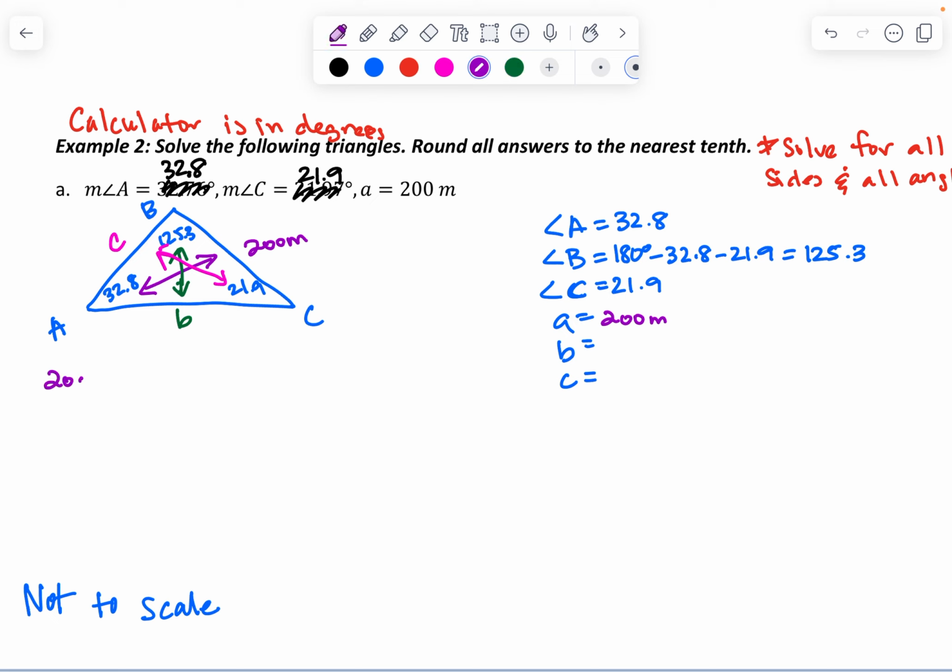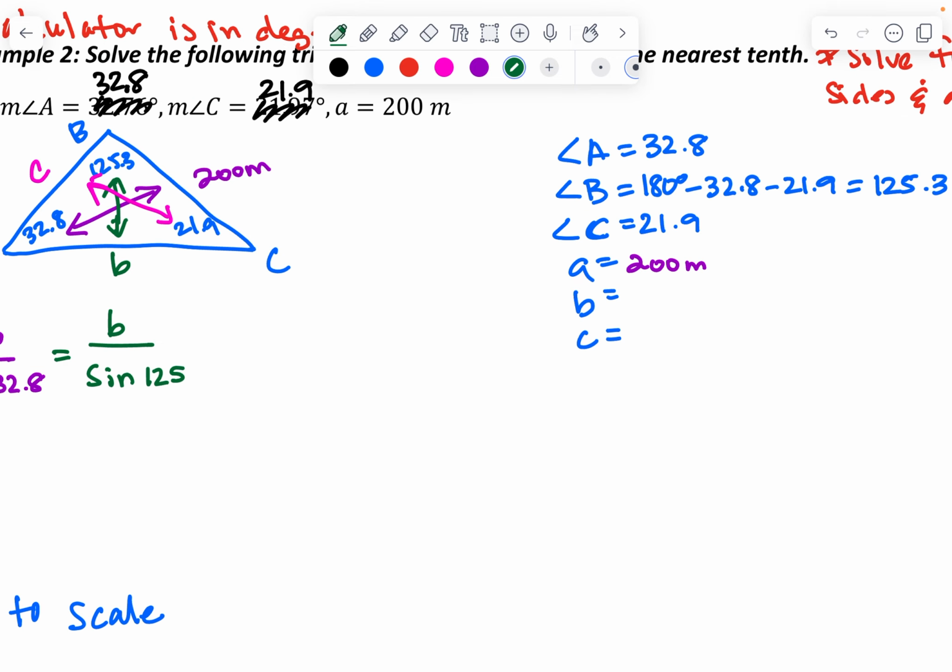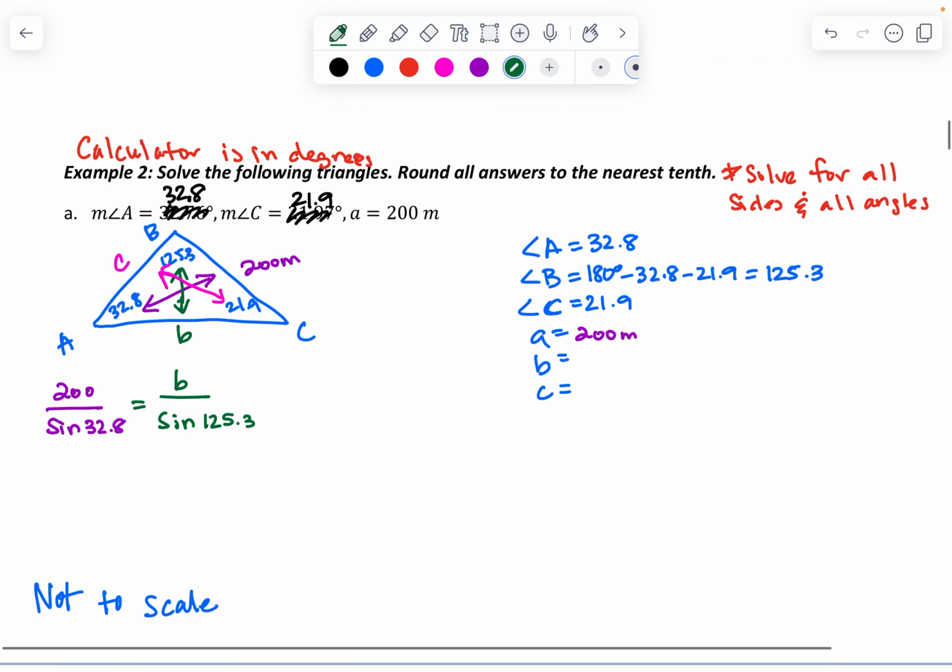I'm going to put 200 meters over the sine of 32.8. Then that is going to be equal to side B over the sine of 125.3. So what I'm going to do is multiply both sides by the sine of 125.3.